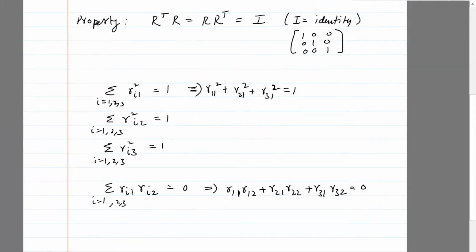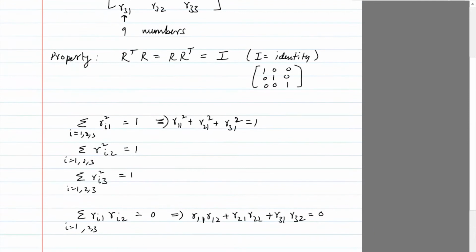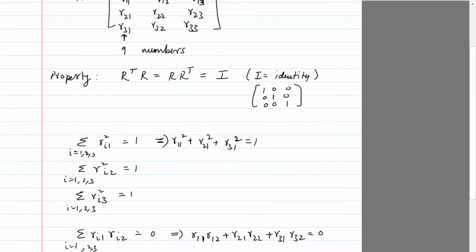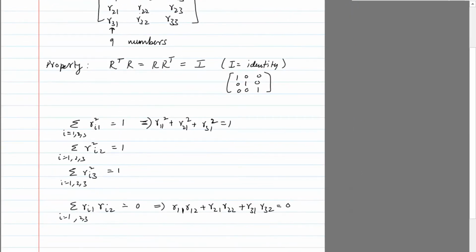So let's see what that means. If I do R11 times R12, R21 times R22, and R31 times R32, then the sum is equal to 0. That is just saying that the two columns are orthonormal, because if you take the dot product, you should get a 0.